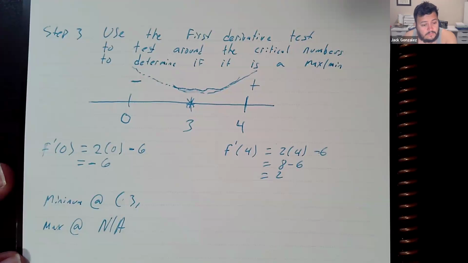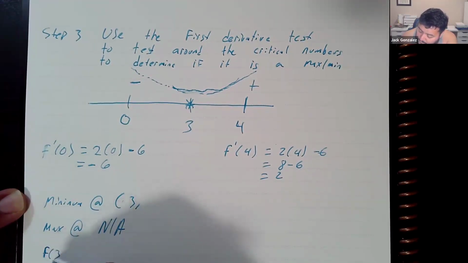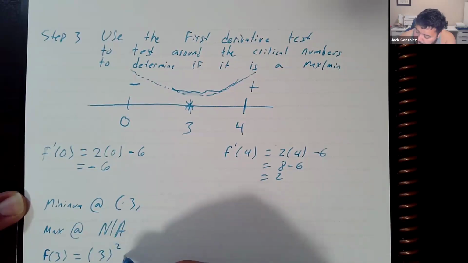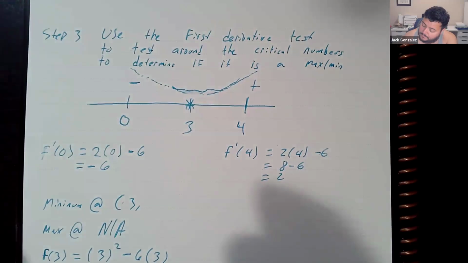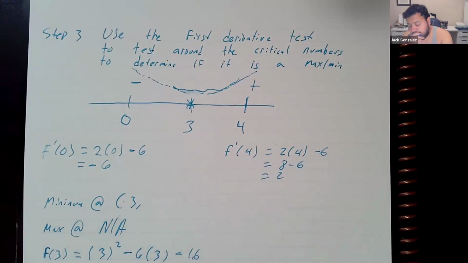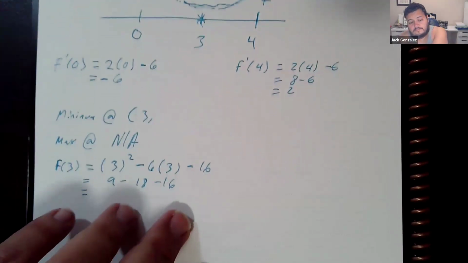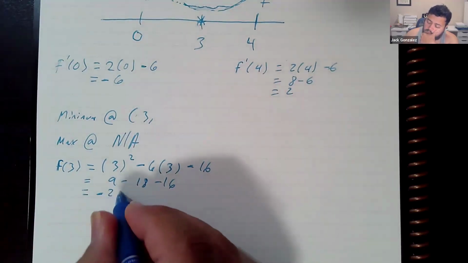Now, if you want the y value of the minimum, you've got to plug it into the original. So f of 3, the original function, x squared minus 6x plus something. Negative 25, right?